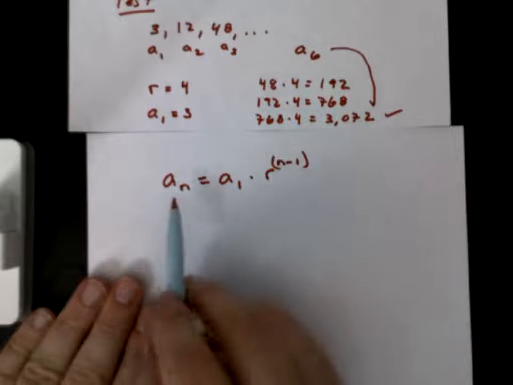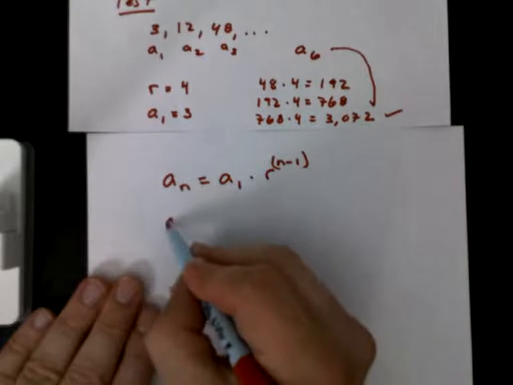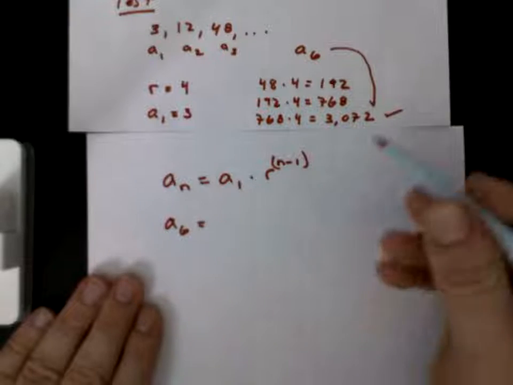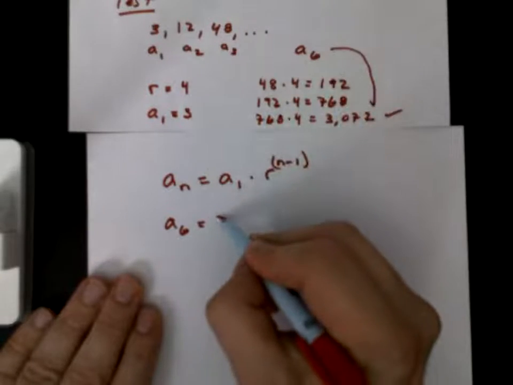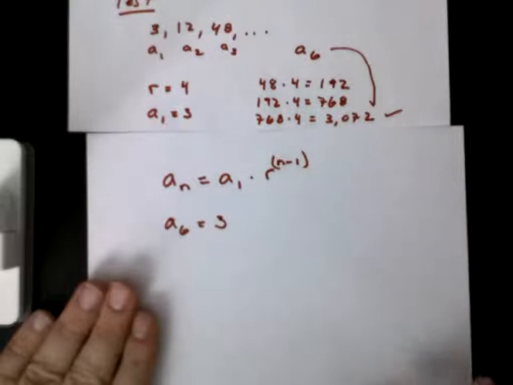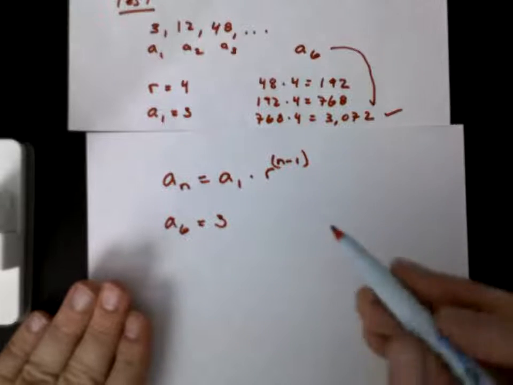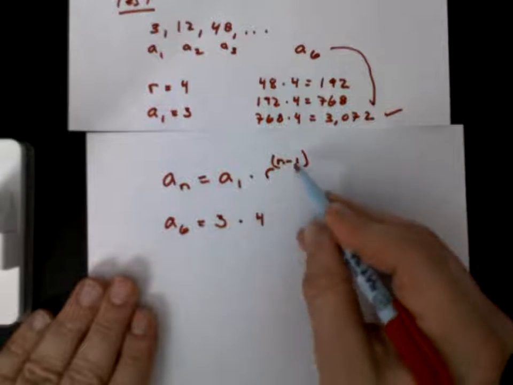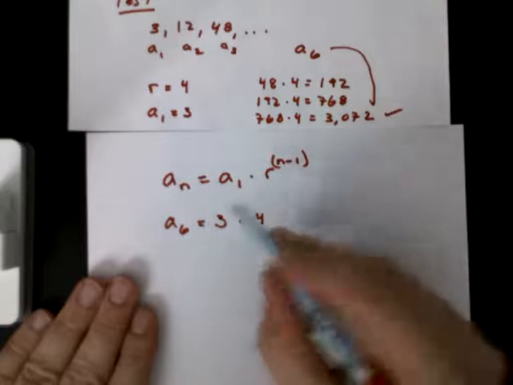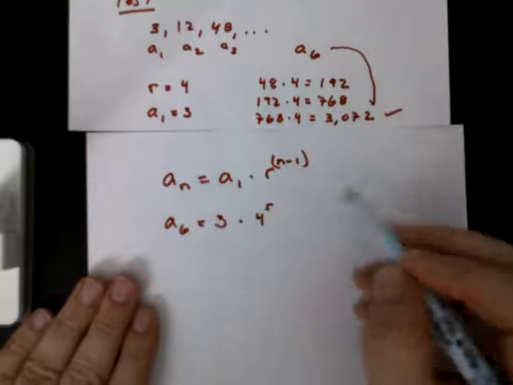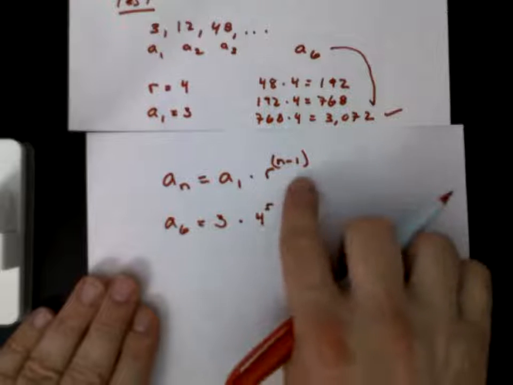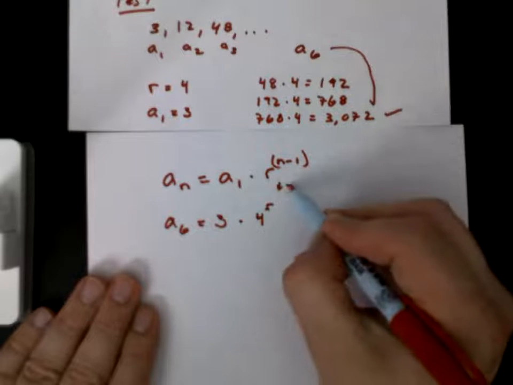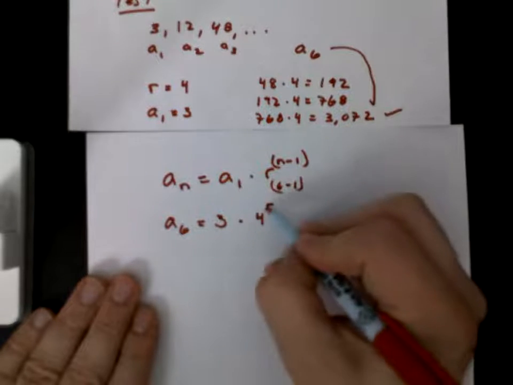So let's think about this. A sub n, we're going to go to a6. This time we're going to put 3 in, not a sub 0, and we're going to multiply that by our 4. And we're still going to n minus 1, which is 5. And if you don't like that, remember it's 6 minus 1, which is 5.